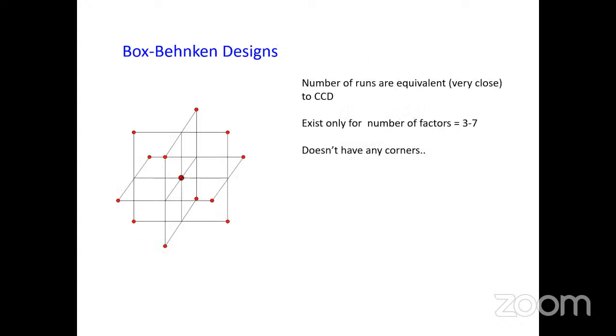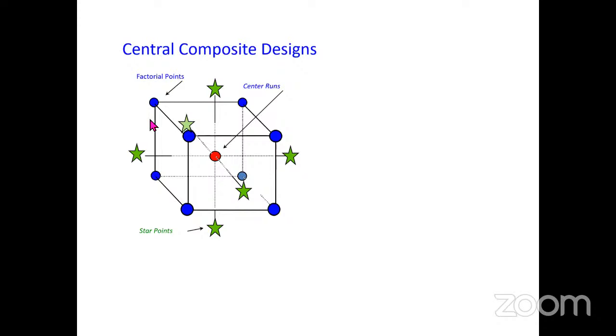Okay, these points are called star points, which are outside the cube. So you have the cube, 8 corners of the cube, and one central point. That's called the central point. In addition, you are also doing experiments outside the cube, and these points are called star points. And there is a strategy of selecting the star point. You can't just put any point outside the cube and call it a star point.